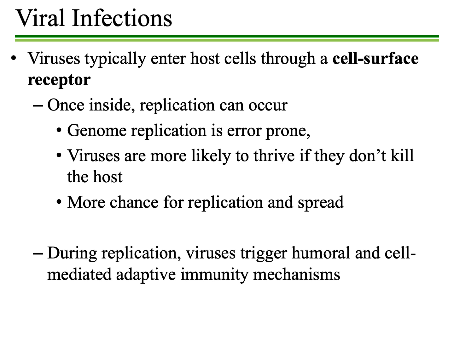Once they get inside the host cell, they take over the replication, transcription, and translation machinery to make new viruses. Viruses cannot live on their own and rely on host cellular machinery to replicate and make new viruses.